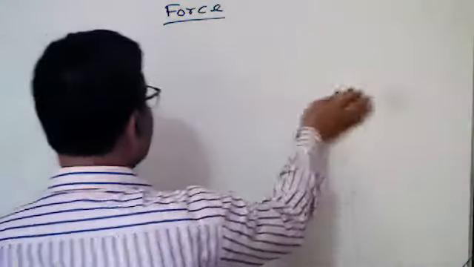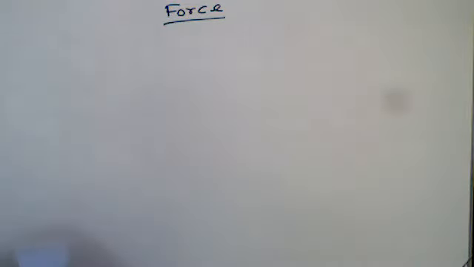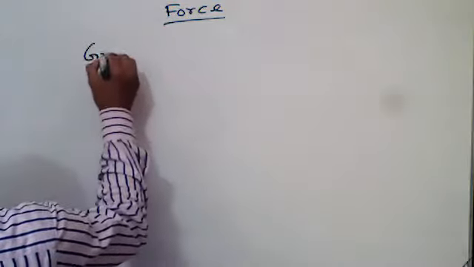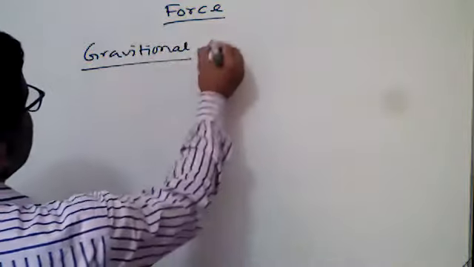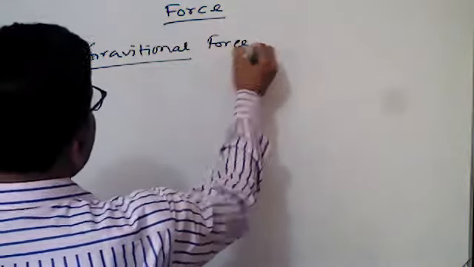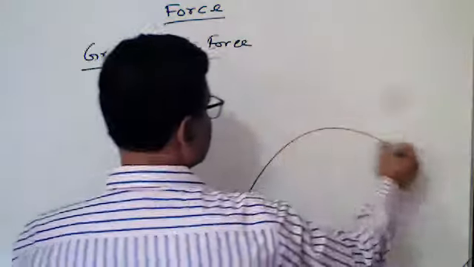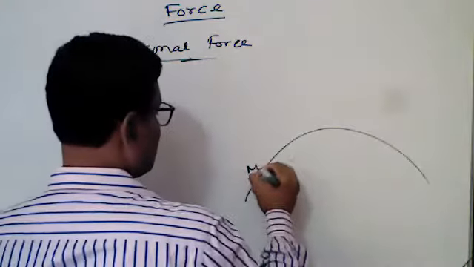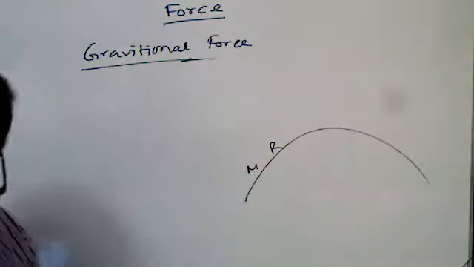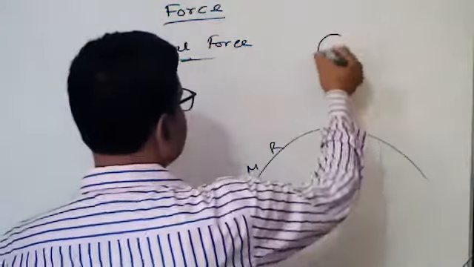Okay. Gravitational force. Suppose this is the Earth. The mass of the Earth is capital M and radius is R. An object is placed here.